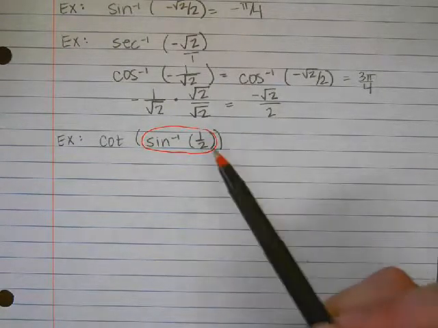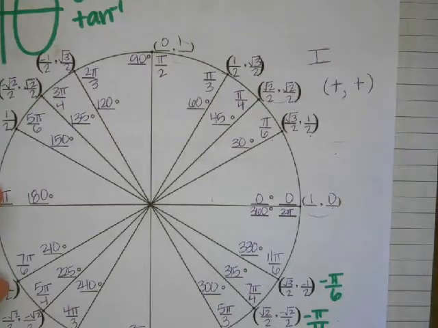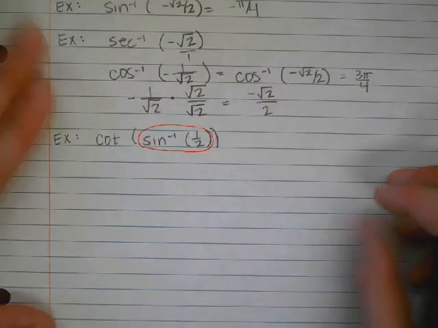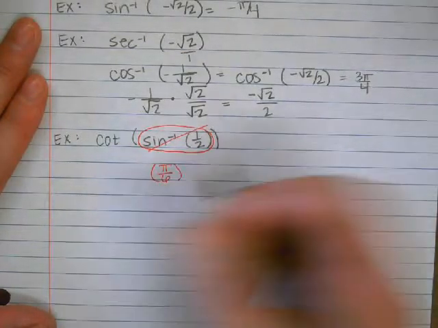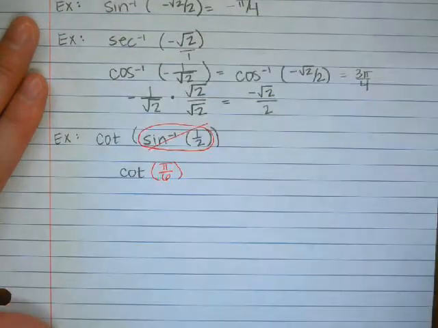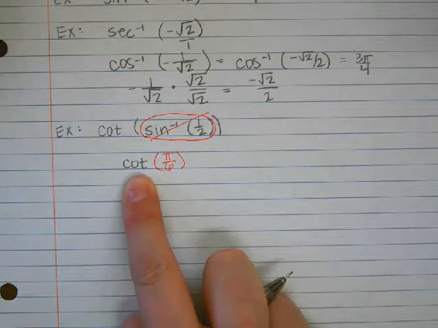So if we look at sine inverse of 1/2, we're looking in quadrants 1 or 4. I'm looking for a y-coordinate that is 1/2, and that happens right here at pi over 6. So that means that pi over 6 is actually what is represented inside of that function. So now I need to find cotangent of pi over 6.